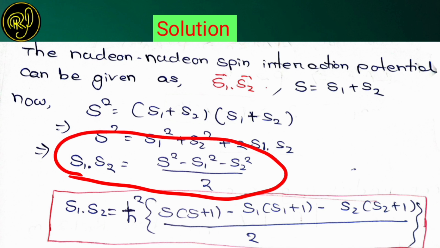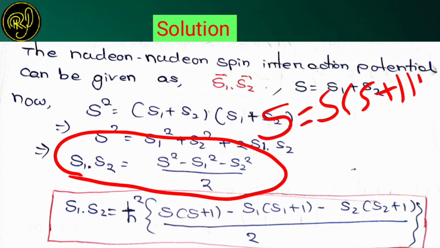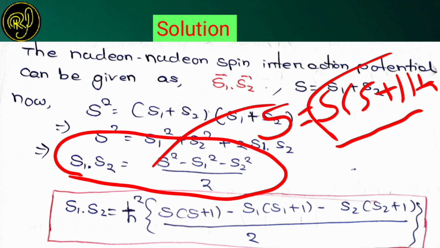Now we know that the value of S is equal to root of S(S+1) times h cross. The root is only over S(S+1), h cross is outside. So when you square it, S squared becomes S(S+1) h cross squared.